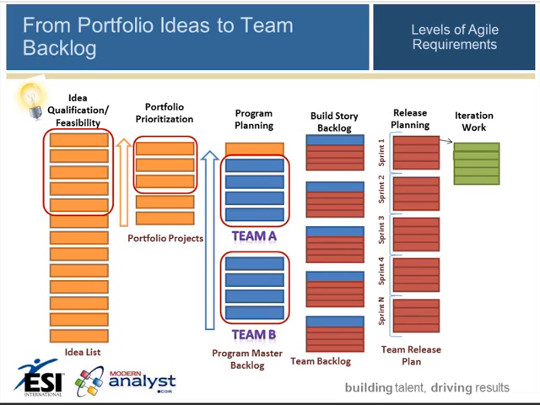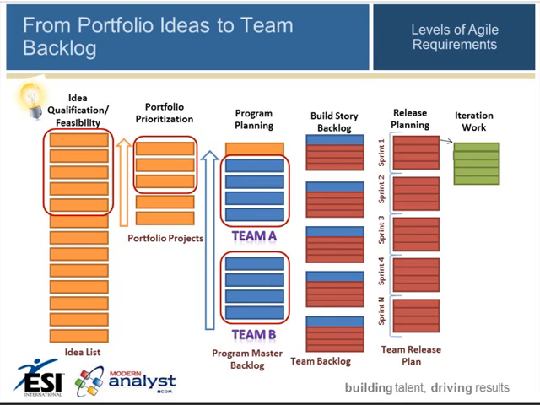An idea list typically is generated at a corporate level, at a strategic level, based on either strategic planning or customer feedback or a variety of other inputs that eventually work their way into proposed projects within a project portfolio. The theme you're seeing emerge throughout this slide is this idea of prioritization, with the most important always working their way to the top of a list.